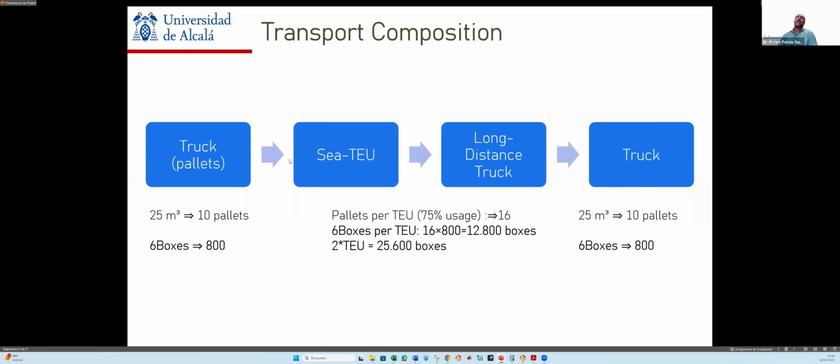Okay, so then we need to understand the transport composition. When considering transport, we will consider trucks. Trucks are moving pallets. These are standard trucks of 25 cubic meters that cover, to simplify, 10 pallets each one. So 800 boxes.